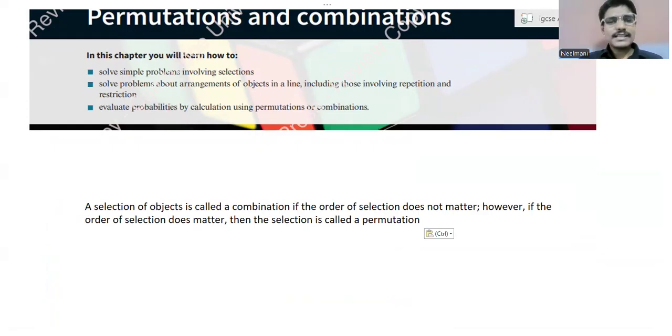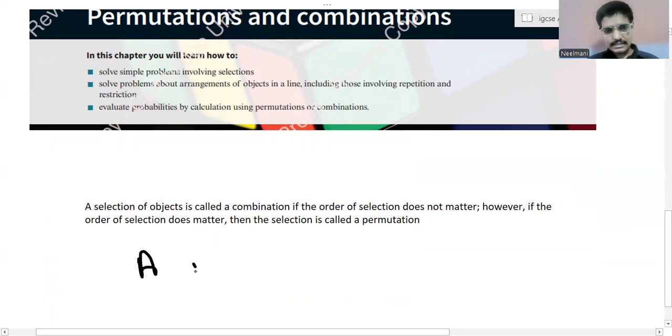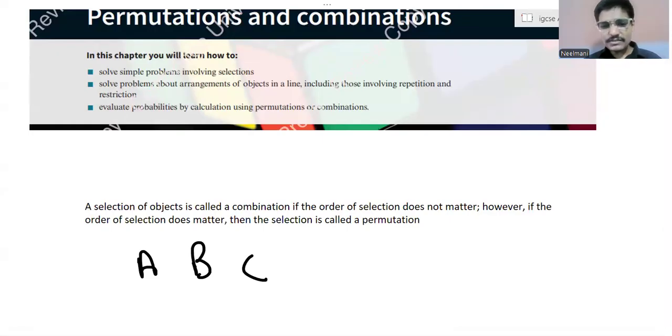Let's say we are taking A, B, C, three things, and we want to know in how many ways I can combine these things. We can combine A, B, C in groups of two.